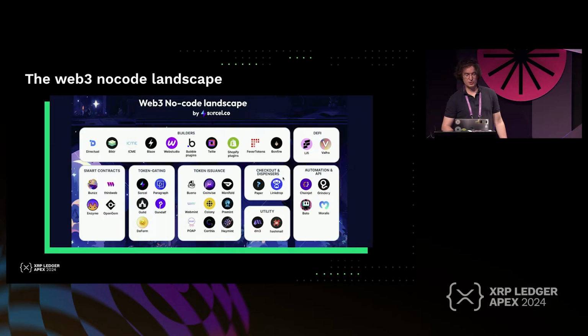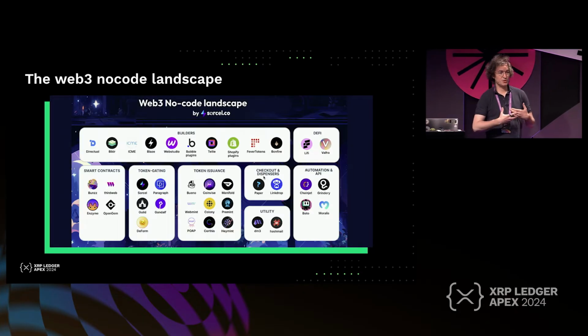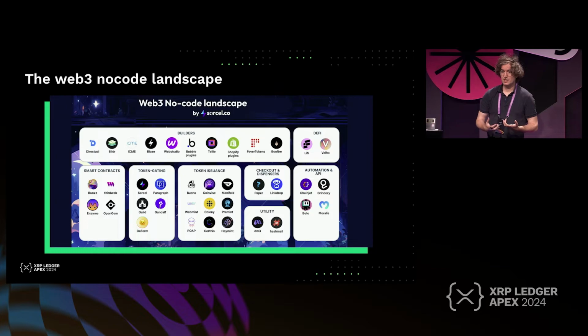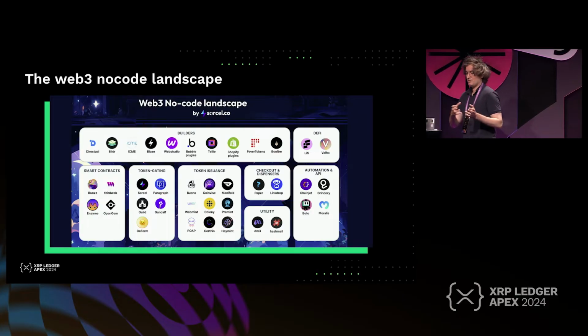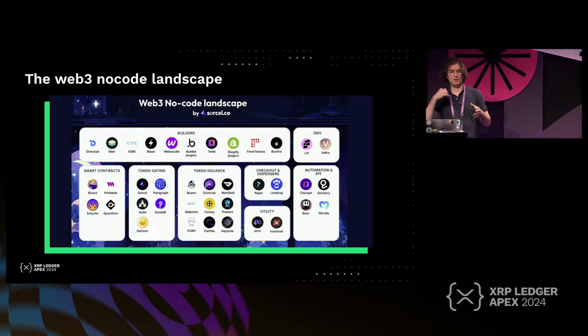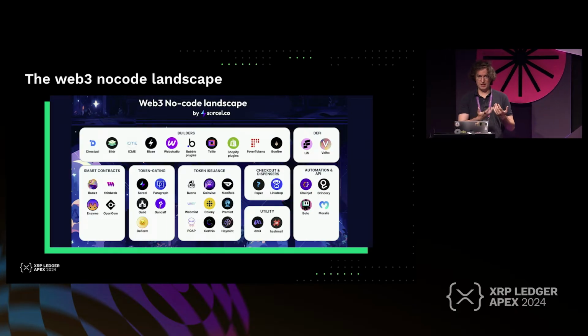A few other popular use cases are checkouts and dispensers, because sometimes when it's your business, you don't want your users to go to a platform to mint a token. You want them to stay on your website, and you want to communicate with your users through your usual channels, like emails.